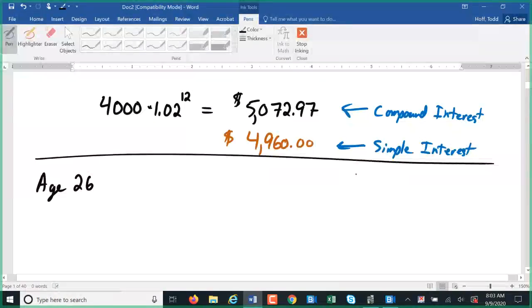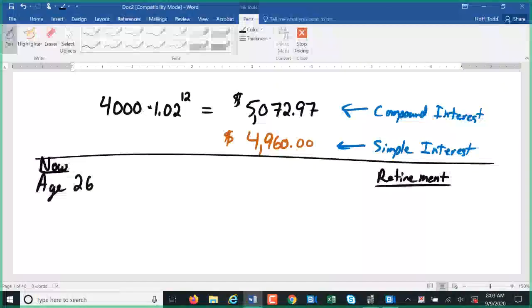Now, of course, retirement, well, this is now. According to Social Security, you guys won't be able to draw full retirement until probably 68 or 69 years of age. Actually, I should be fair. They've already said for my age group, it'll be right around 69 years of age. 67 is the full retirement age for people that are retiring this year.